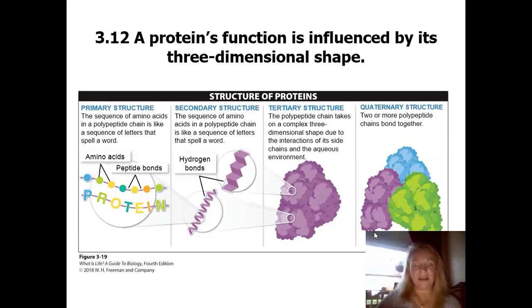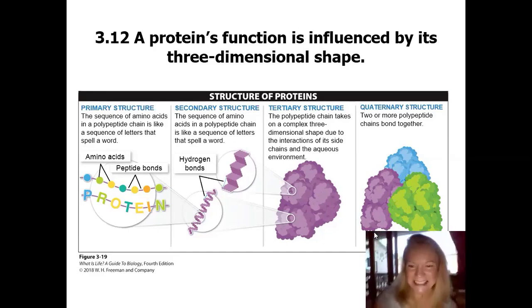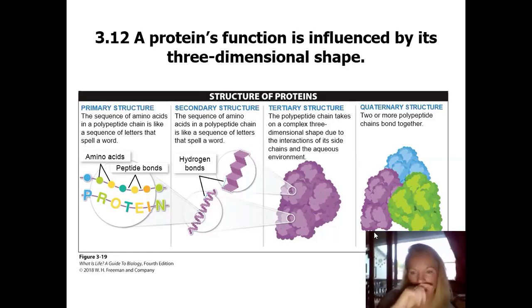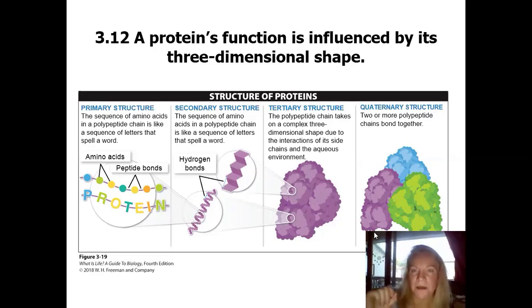So it comes out in this chain, and because the different atoms in those molecules, those amino acids, will attract to each other in different ways, depending on if they're polar or non-polar, or how they're bonded, they start to fold in toward one another, and eventually they have this secondary structure, and then you have a tertiary structure.